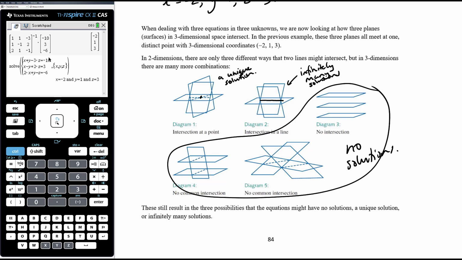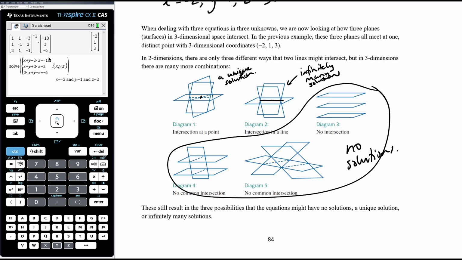Okay? Again, you've got a situation here where this plane and this plane intersect along a line. It's hard to tell how this is actually drawn, but the other 2 don't intersect at all, or they also intersect at a line, but again, the 3 planes don't ever meet at the one point.